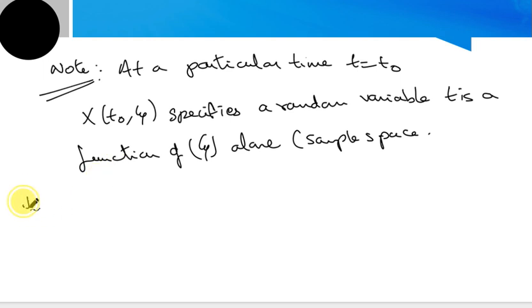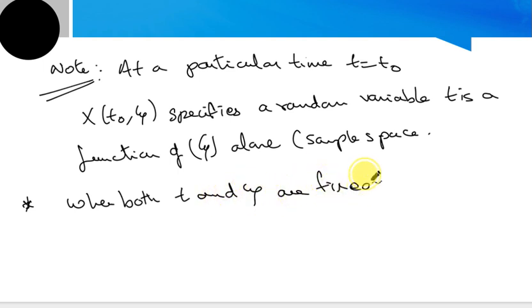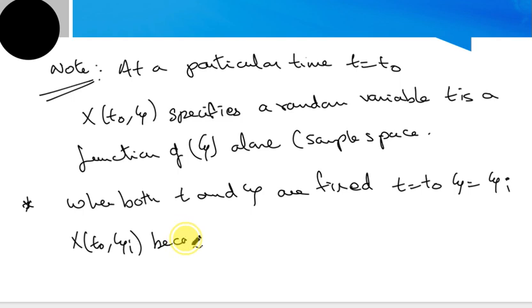So this is one thing to be noted. Secondly, when both t and eta are fixed, let me say t equals some t naught and eta equals some eta i, then my x of t naught comma eta i will now become a real number because both are fixed values.